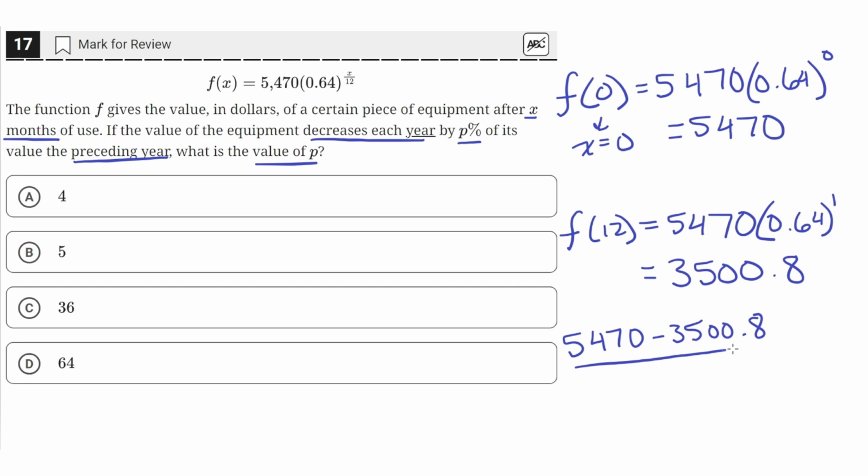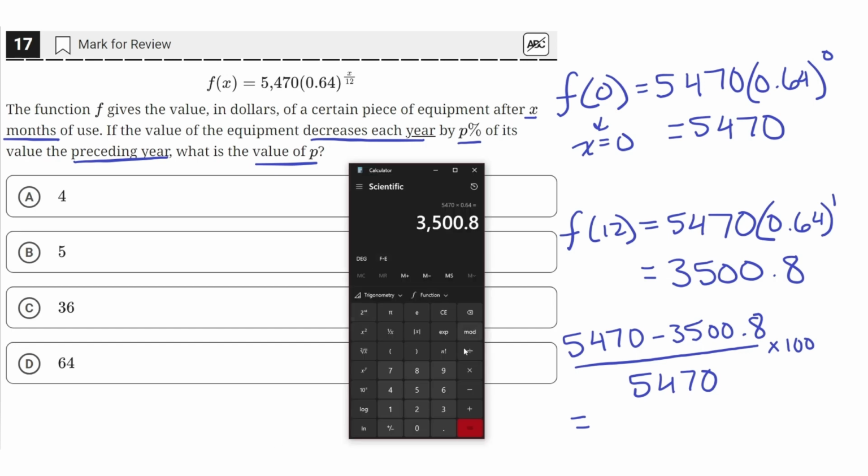And then we need to divide that by the initial amount, 5,470, and multiply that by 100 to get the percentage change. So when we put this into our calculator, 5,470 minus 3,500.8 gives us that.